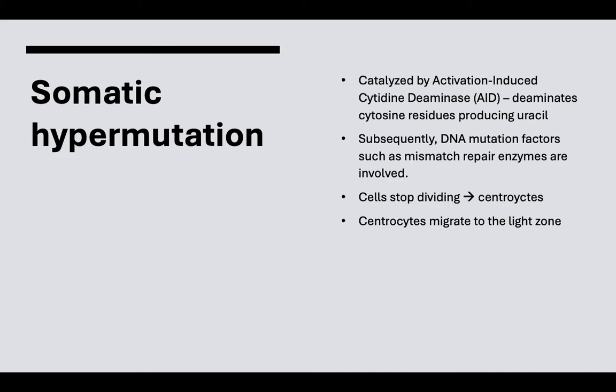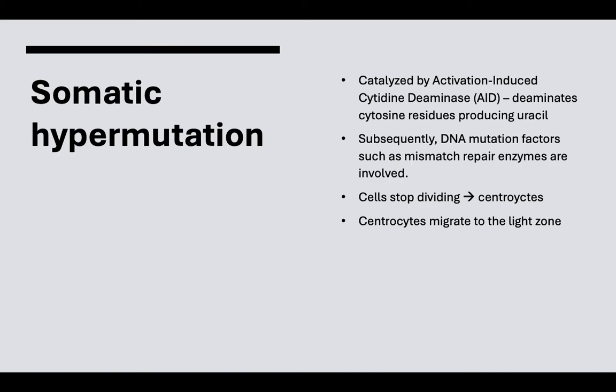Subsequently, what comes into play are DNA repair factors, those that do mismatch repair, so that we can go back to the normal process. And usually after mismatch repair is carried out, we expect that base pair point mutations will definitely accrue, no? Especially since the mismatch repair system of somatic cells will not really be perfect.